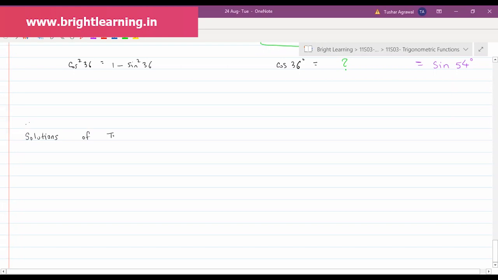Solutions of trigonometric equations. Solutions of now equations part. So if I give you now here, there are two solutions. If I just tell you, let's say, how is the sample question for this?